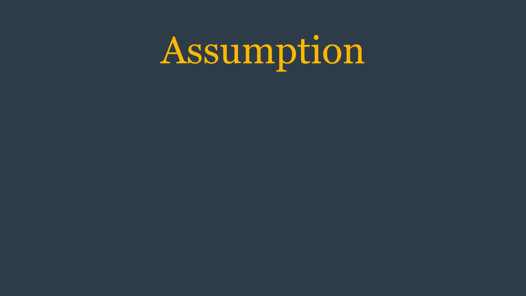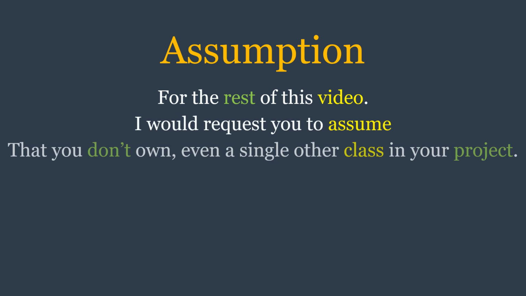For the rest of this video, I would request you to assume that you don't own even a single other class in your project. Simple. Although this statement seems pretty easy, believe me, for full stack developers like me who started their career with complete ownership of each and every module, even assuming we don't have access to any other class is extremely difficult. So I would request you to make that assumption in your mind for the rest of the video.